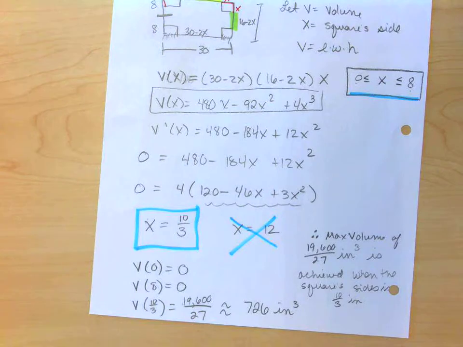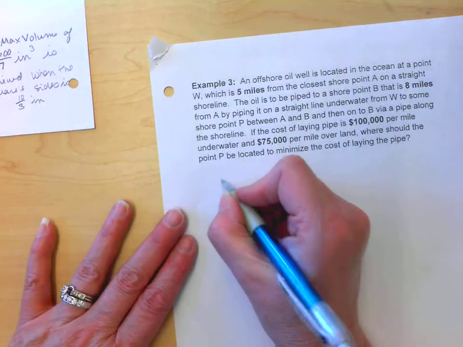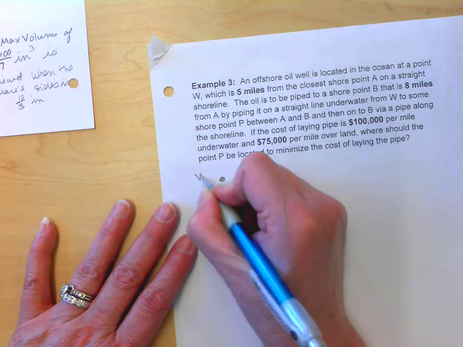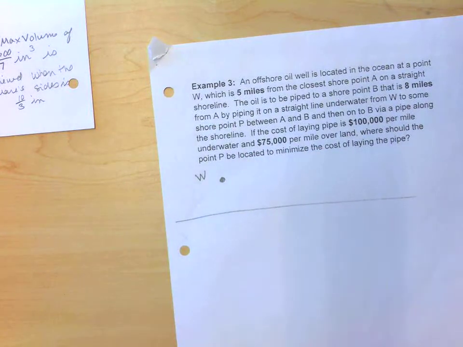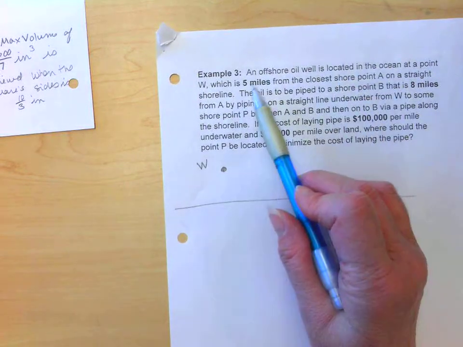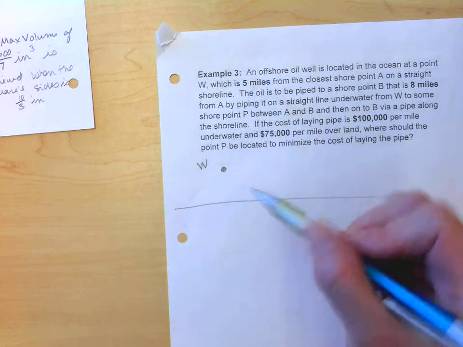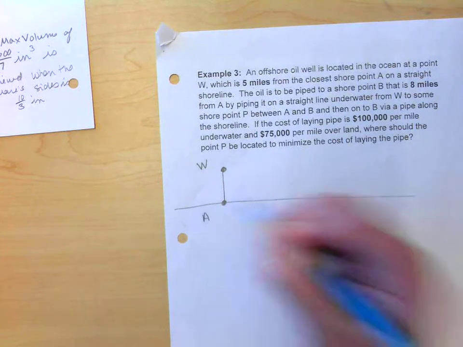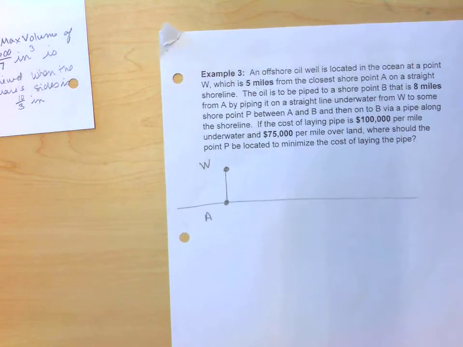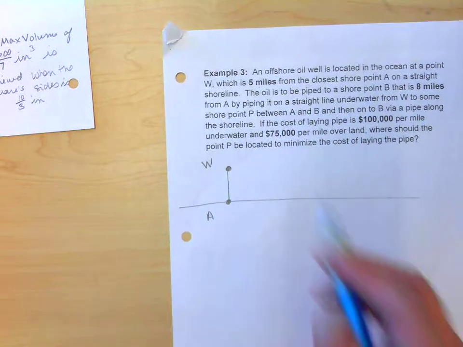The third example, an offshore oil well. We have an offshore oil well at W, and we've got this shoreline over here. Now, if the well is 5 miles from the coast, then we're going to write that as a perpendicular length.